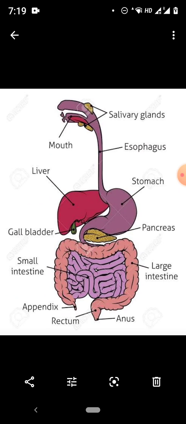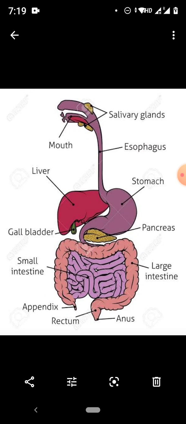So how digestion takes place in humans, we learn in this. Children, as you see in the diagram, the first label is the mouth. When we ingest food into our mouth, there are salivary glands. What do they secrete?